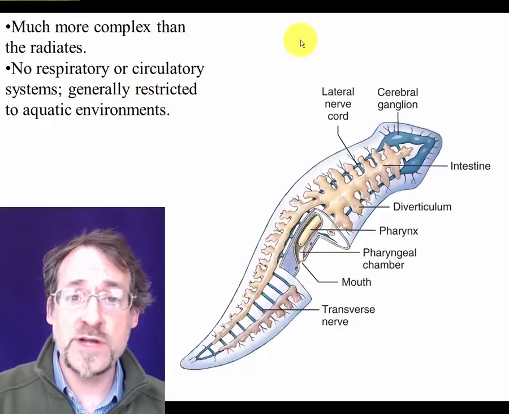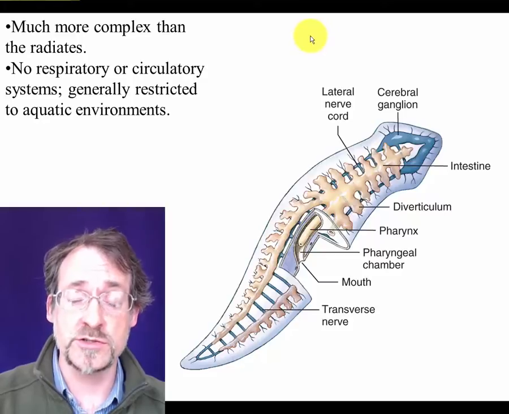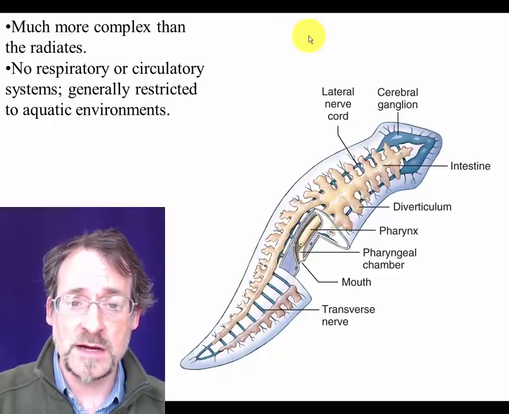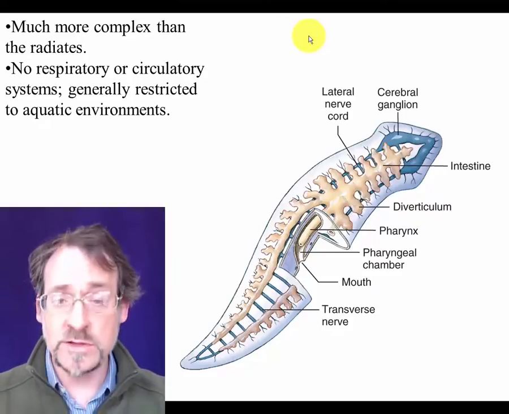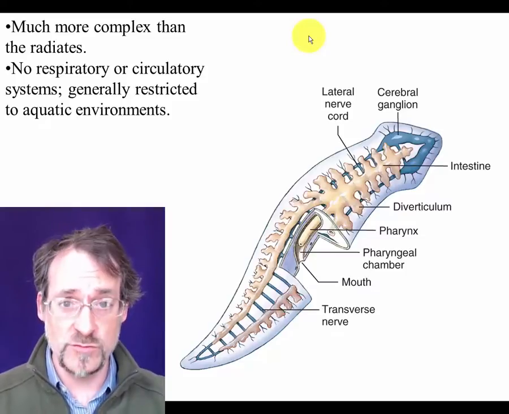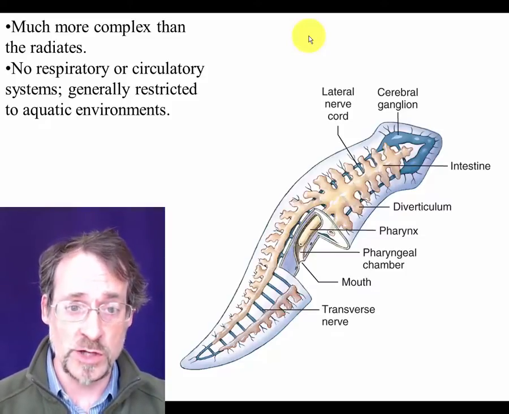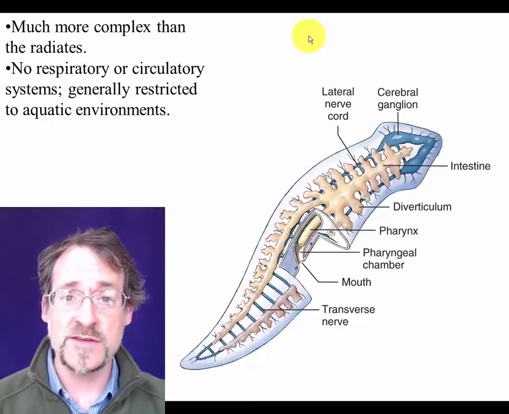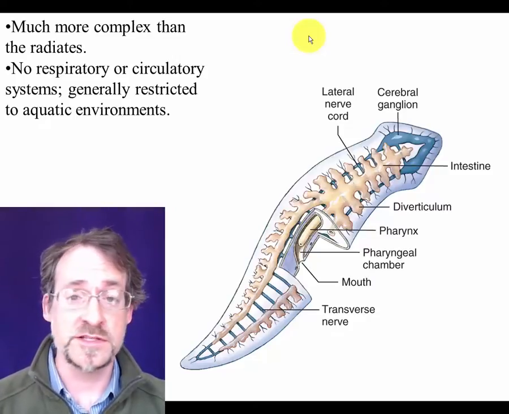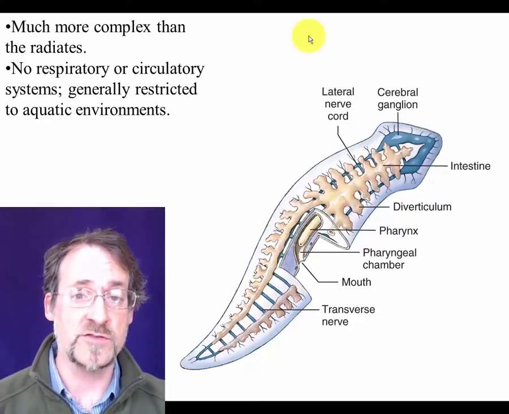While the flatworms do not have a respiratory or circulatory system, that is, they rely on passive movement of materials through the body wall, they do have a number of other organ systems that are much more well developed.